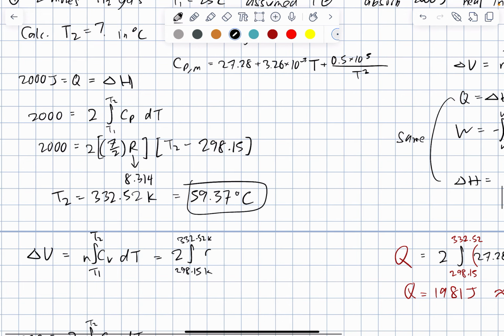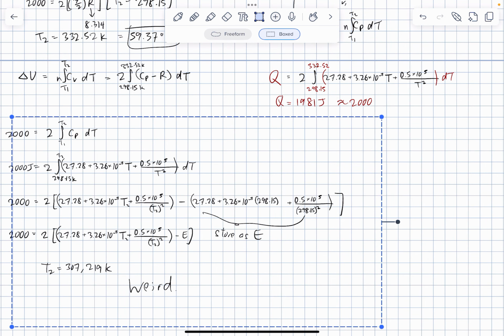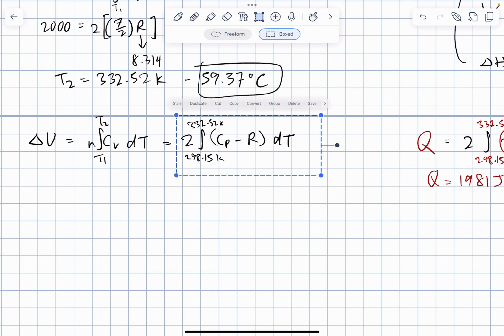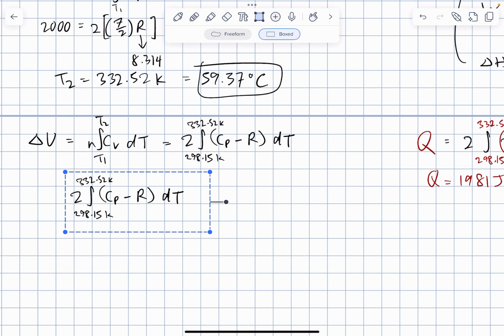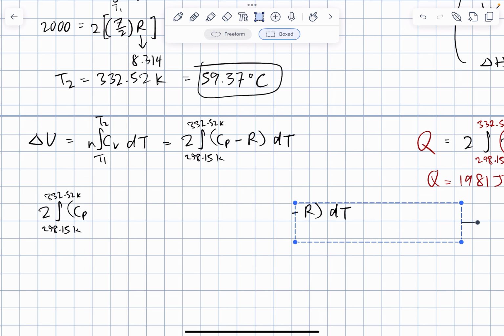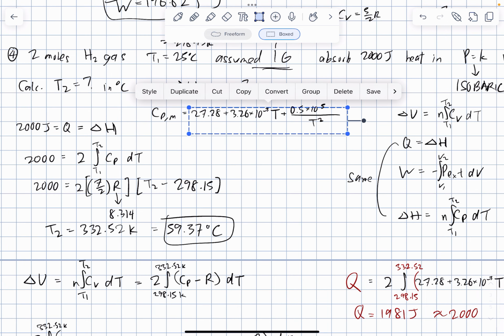So how do we apply that? Cp minus R. We're going to have to move this. There you go, so just copy everything. This Cp is going to be this one.